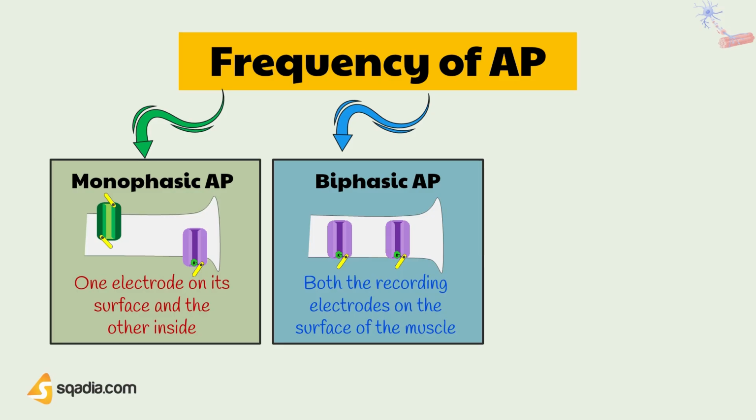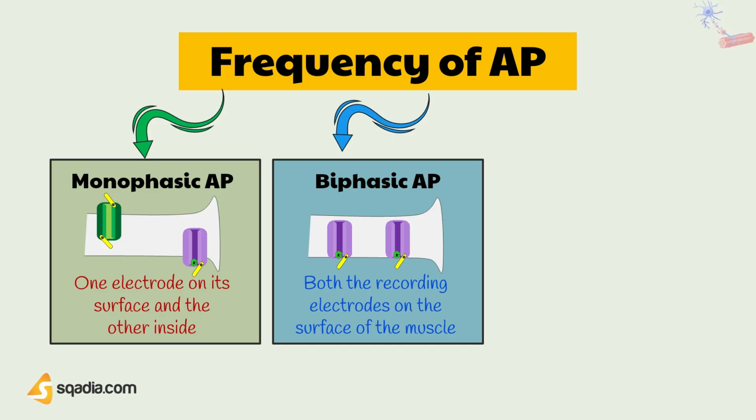Now there are several action potentials going on inside the muscle fiber. So to learn about them, biphasic action potentials are used, and biphasic action potential is also used to measure heart rate in the form of ECG and EEG. But that is the topic for another video, so we will not be talking about that right now.